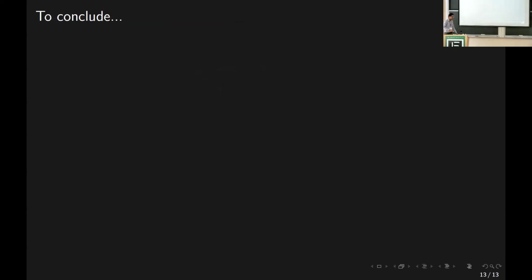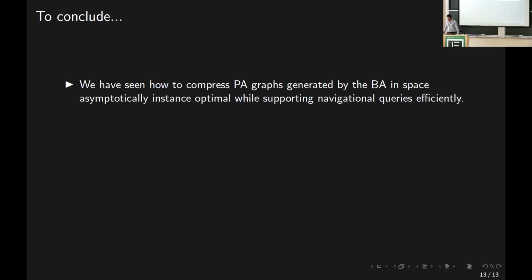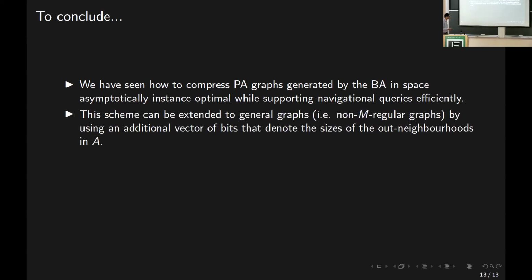Okay, so to conclude, we have seen how to compress preferential attachment graphs generated by the BA model in space asymptotically instance optimal by supporting navigational operations efficiently. The scheme can also be extended to general graphs using an additional bit string.